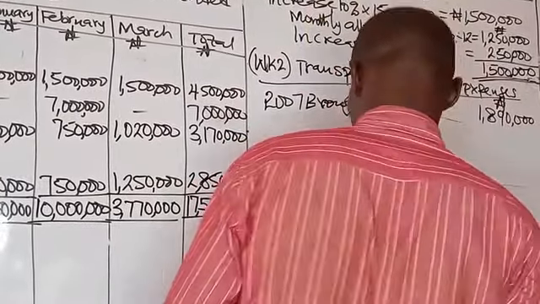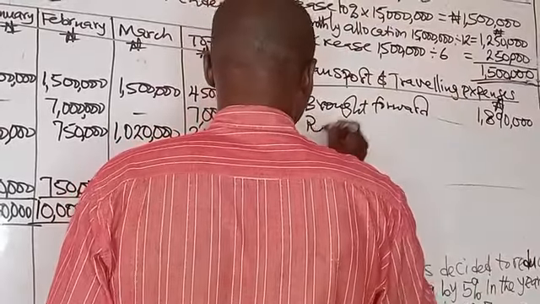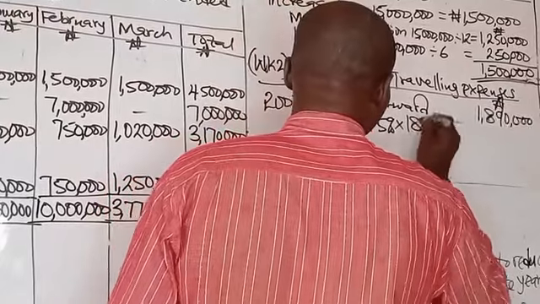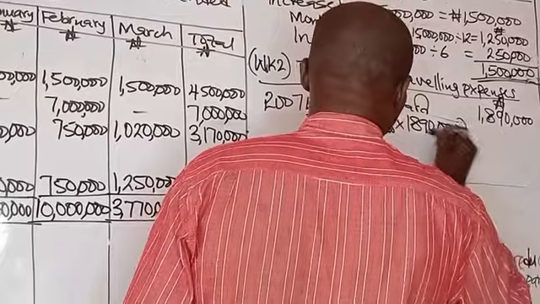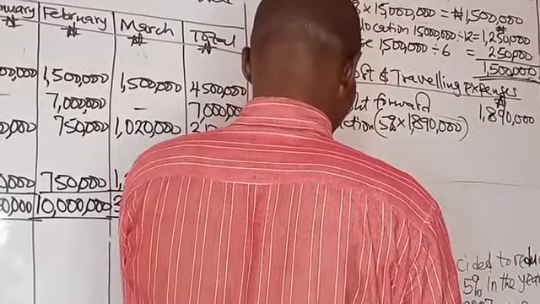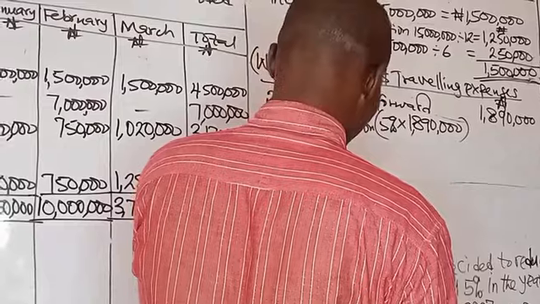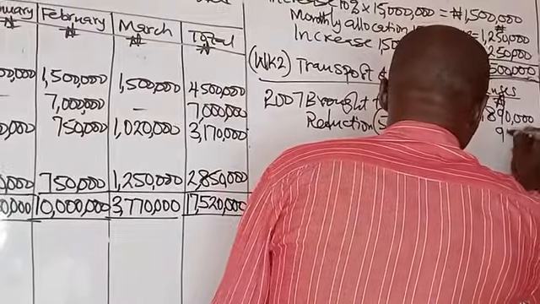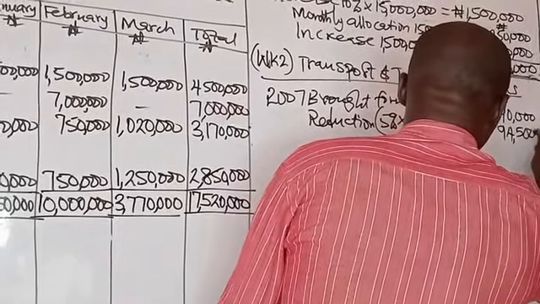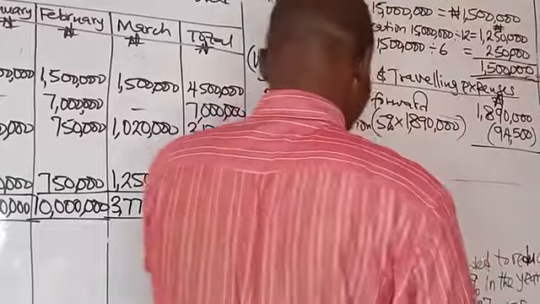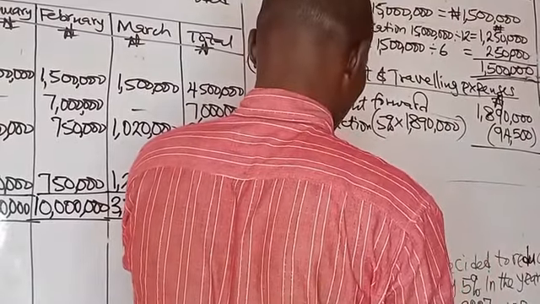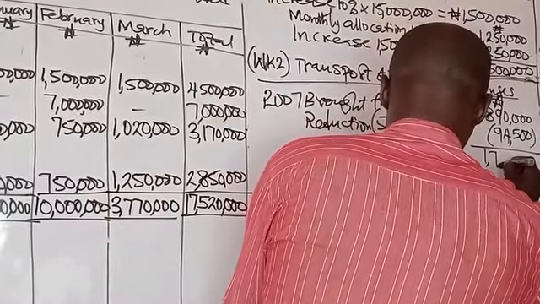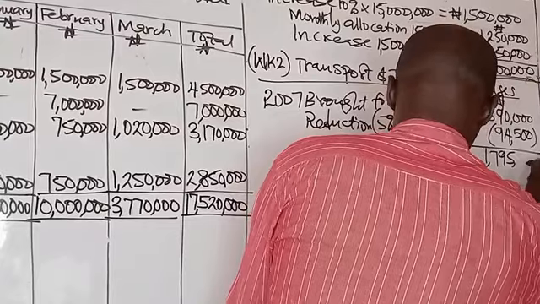That is from note 2. So it's to be reduced by 5%. Reduction, 5% of 1,890,000. So let's calculate that. 5% of that is 94,500. It is to be reduced by 94,500. If you subtract that from 1,890,000, we have 1,795,500.